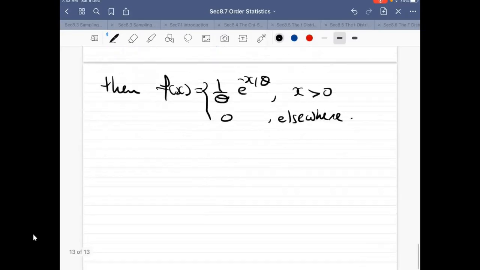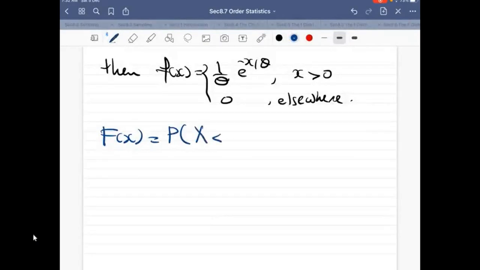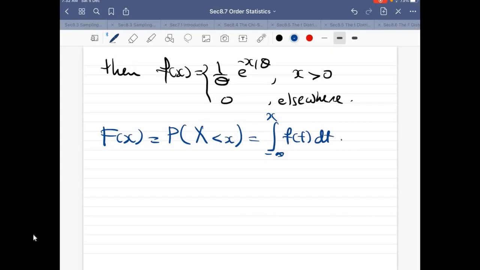Okay, we need to compute the capital F, the CDF, the probability of being less than any value of x. Accordingly, capital F of x, the probability of being less than x, will be the integral from minus infinity to x of f of t dt.